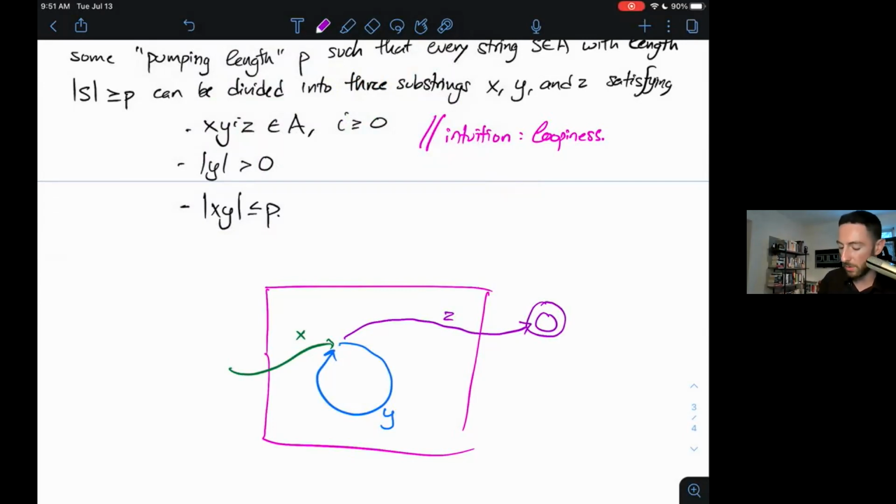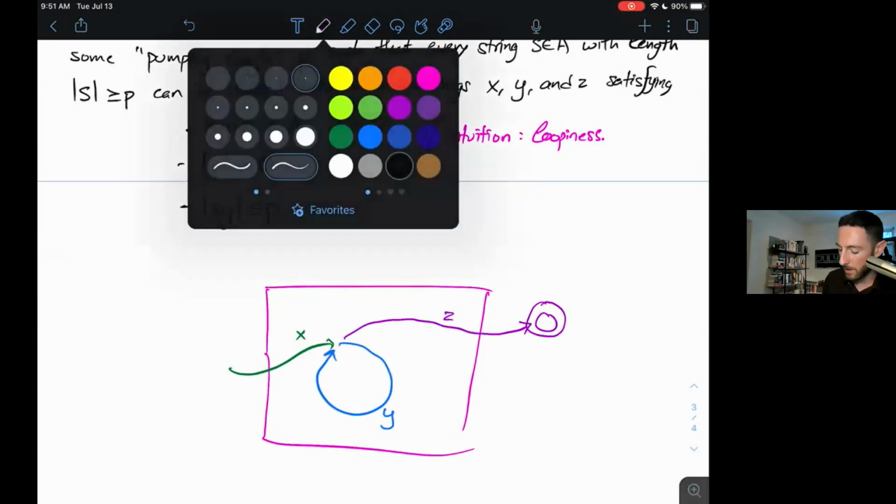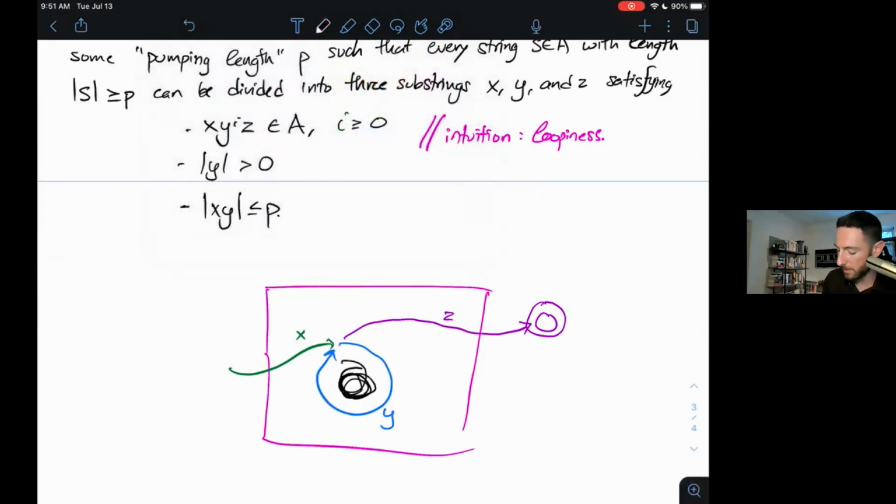Our first condition holds because no matter how many times we go around this loop, we still have a string that's in the language because we've identified a computational path. X, Y, Y, Y, Y, Y, Z is just a string that goes around the loop Y 5 times. The length of Y is greater than 0 because it's a loop. We don't want Y to just be the empty string.